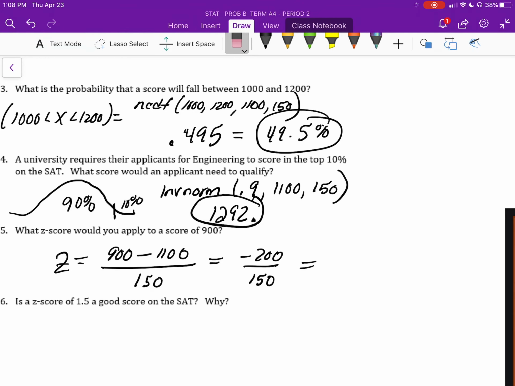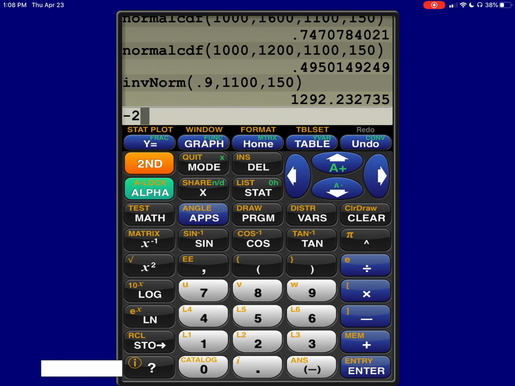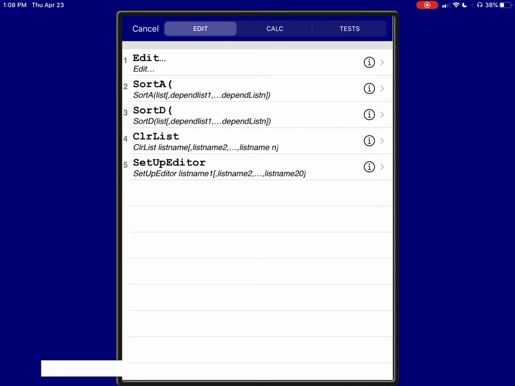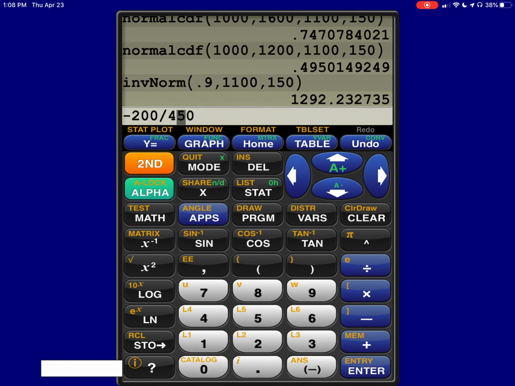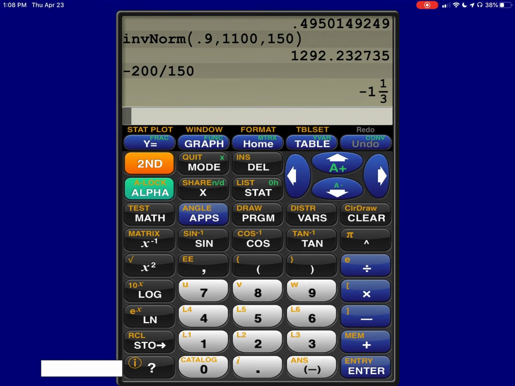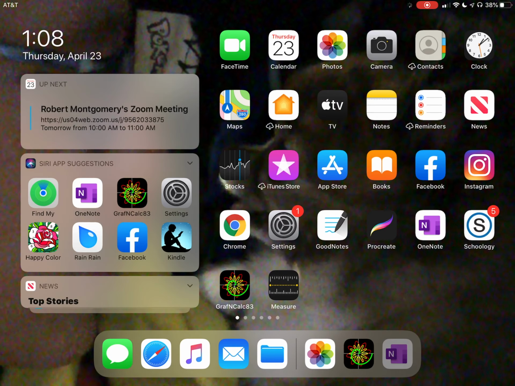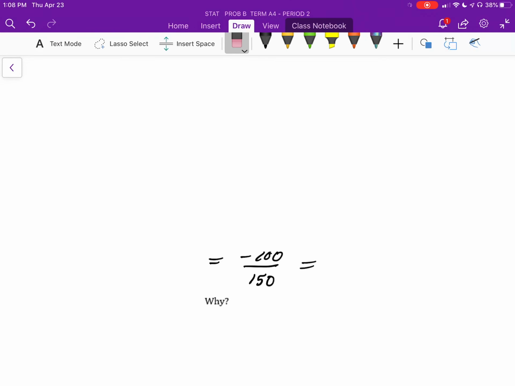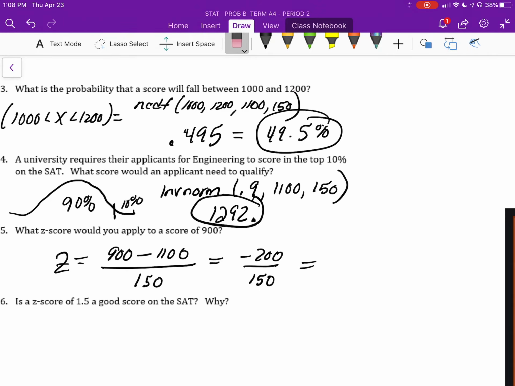That's negative 1 1/3, so it's negative 1.3. You'd have a z-score of negative 1.3.